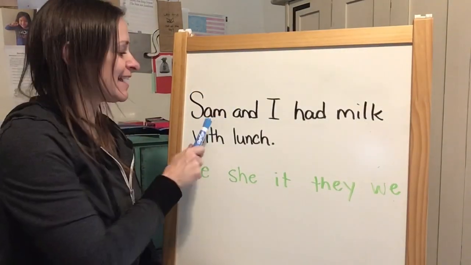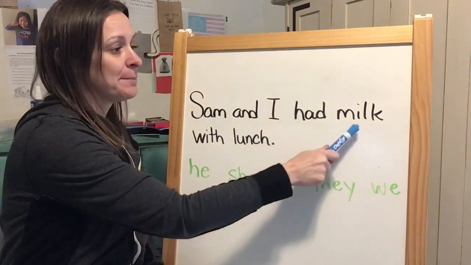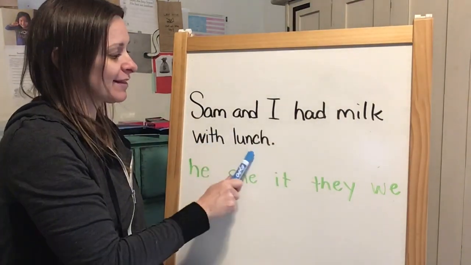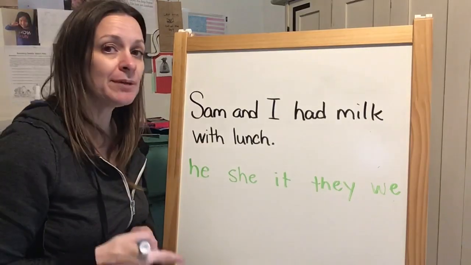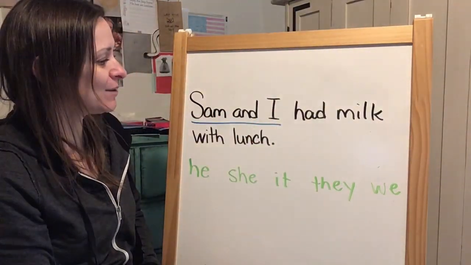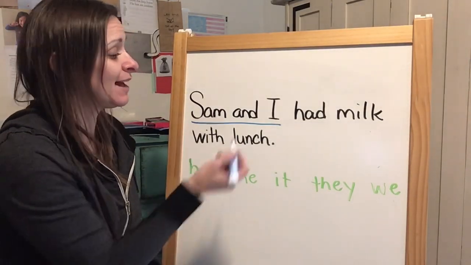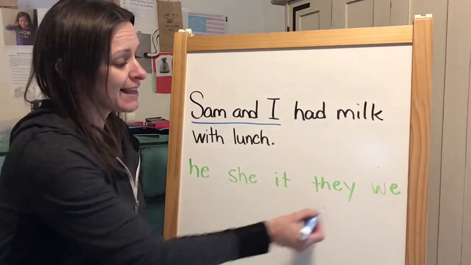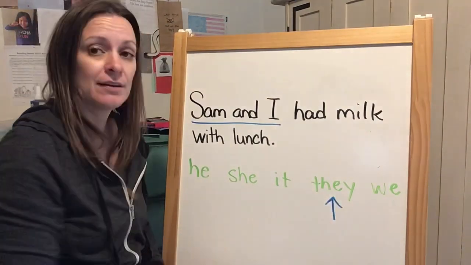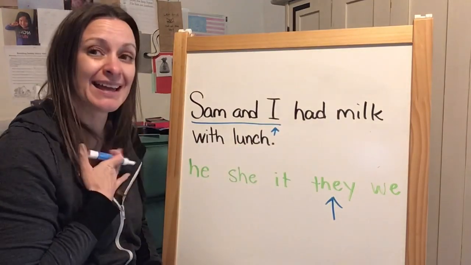Let's read this one together. Sam and I had milk with lunch. Who had milk with lunch? Sam and I. And which one of these pronouns can we replace Sam and I with? Could we say they? No, because we're talking about Sam and me.